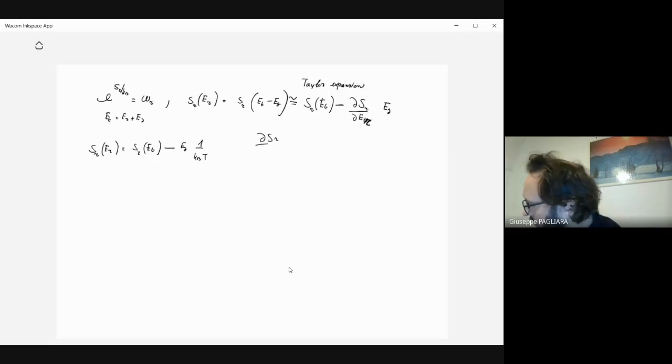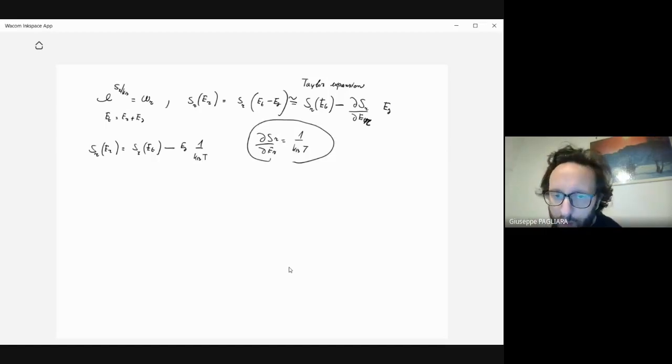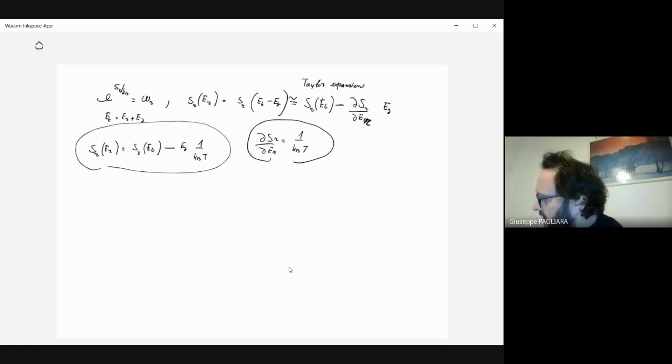The derivative of S of R with respect to ER is equal to 1 divided by KBT, because this is the relation between the temperature, the entropy, and the total energy in thermodynamics. Therefore, I get this useful relation between S of R, ET, ES and temperature.